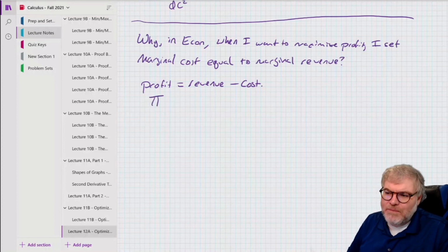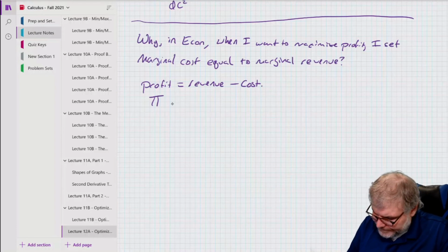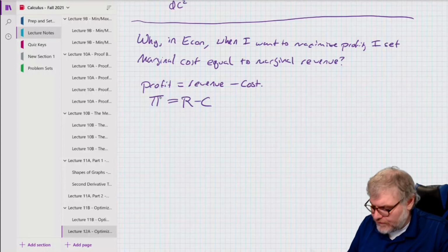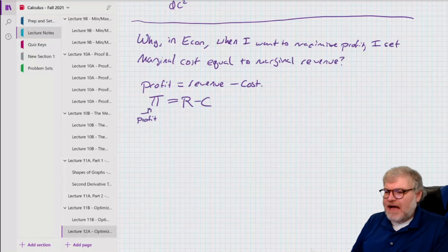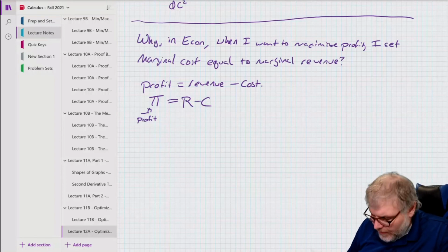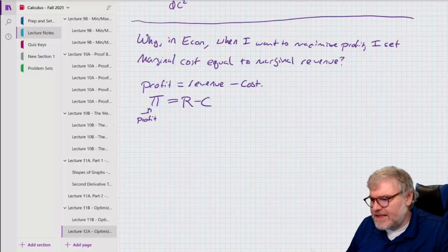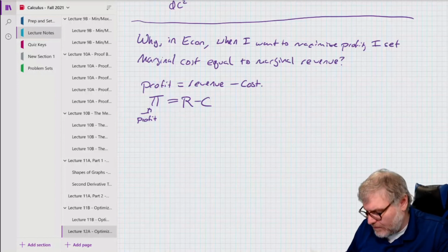Okay, this is a capital pi. That pi is not the number, it stands for profit. Because they want to reserve P for price, they use big pi for profit. And again, it's not the number pi, it's just a variable.